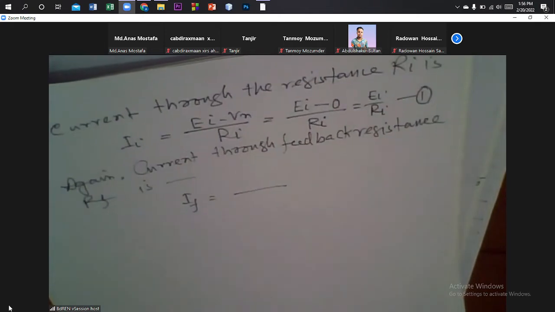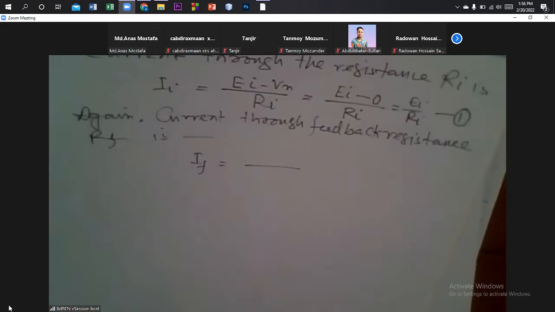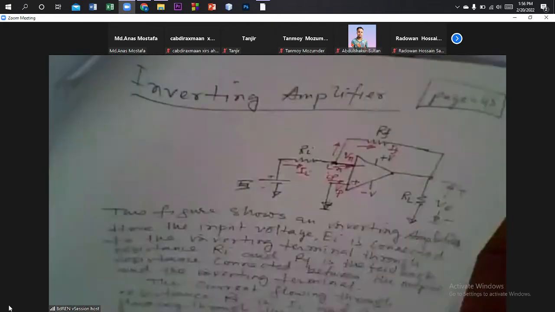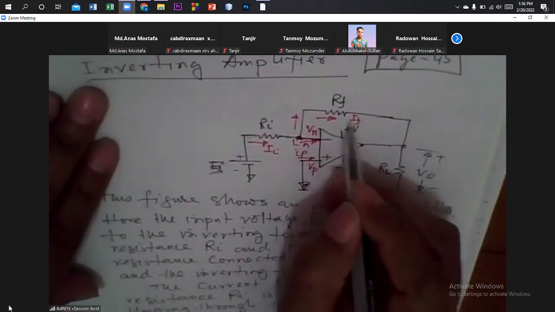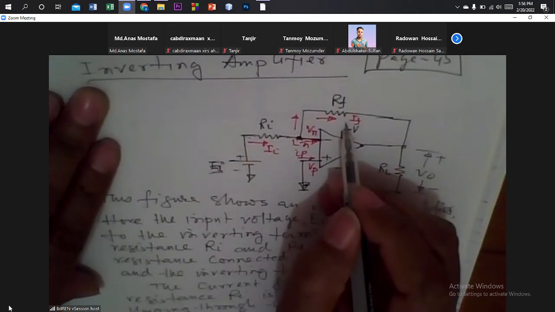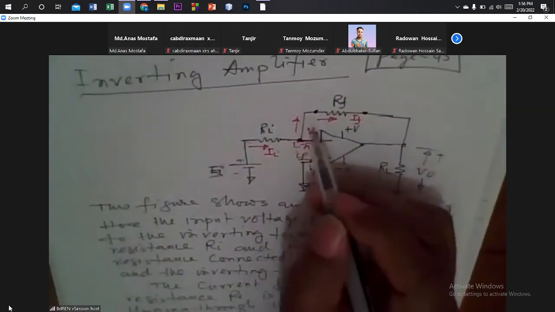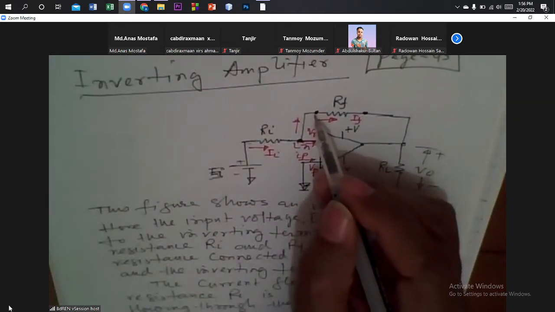You see, Vn. Check the voltage. What will be the voltage? Current is IF here. What is the voltage here? Here it is negative.